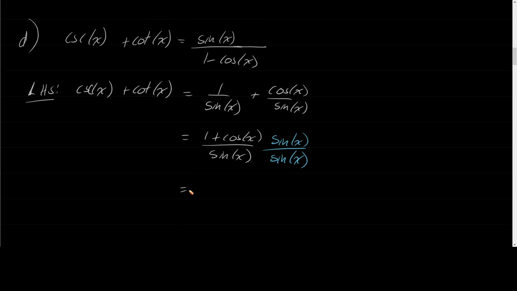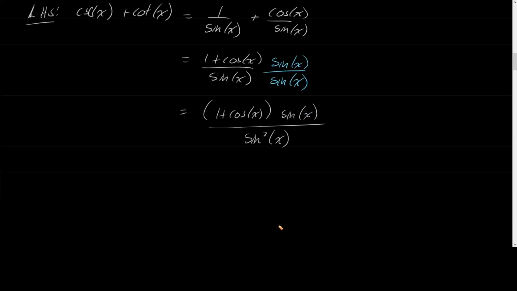Now, if I multiply by sine over sine, what does that give me? That gives me 1 plus cosine x times sine x over sine times sine, which is sine squared x. All right. Now, from the Pythagorean identities, sine squared can be rewritten as 1 minus cosine squared.